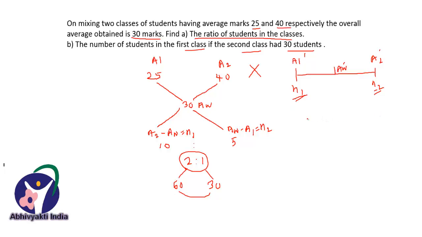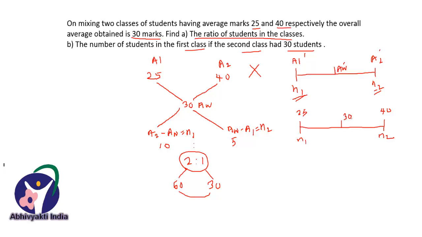So here we can represent the same data like this also, that here it will be N1 and N2. This will be 25, this will be 40 marks, and their weighted average is given as 30 marks.